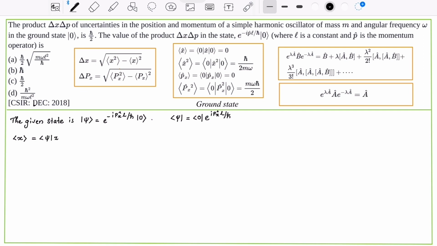The expectation value of x in this particular state is ⟨ψ|x|ψ⟩, that is equal to ⟨0|e^(ipxL/ħ) x e^(-ipxL/ħ)|0⟩.